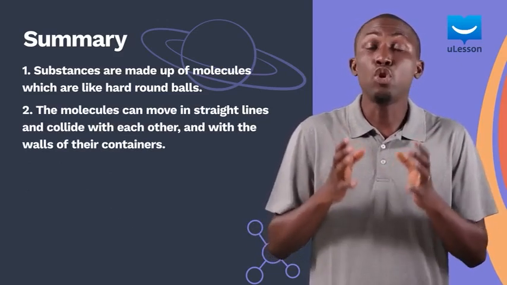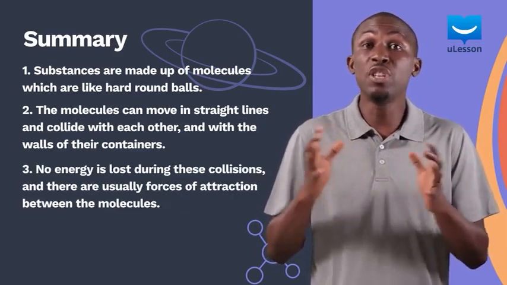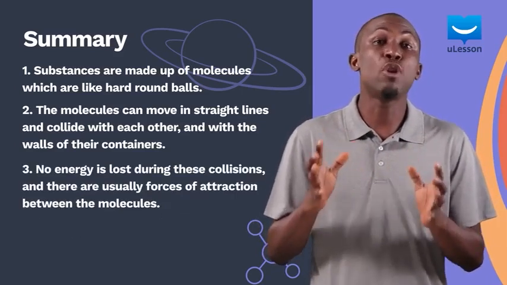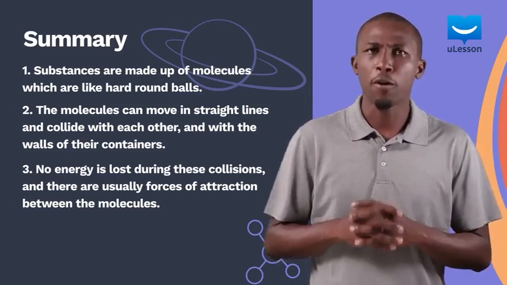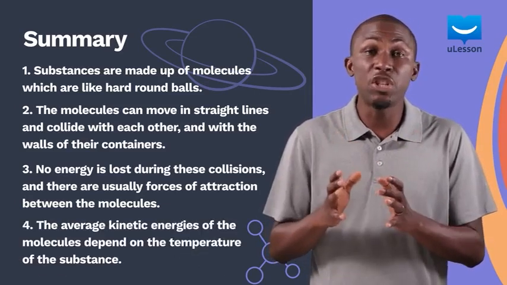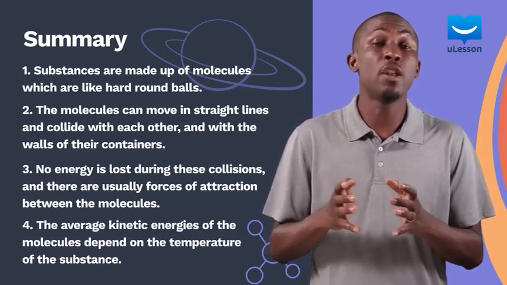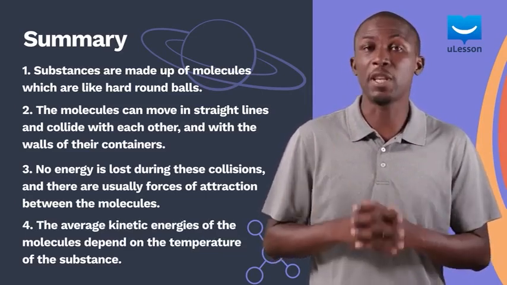Three, that no energy is lost during these collisions, and that there are forces of attraction between the molecules. Four, that the average kinetic energies of these molecules depend on the temperature of the substance.